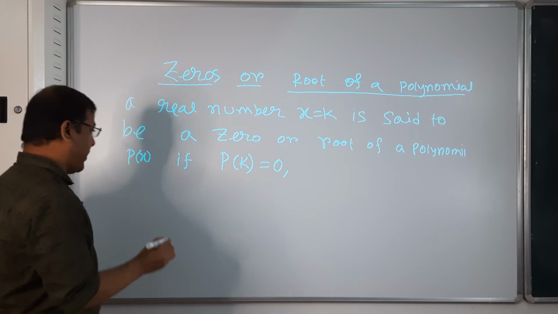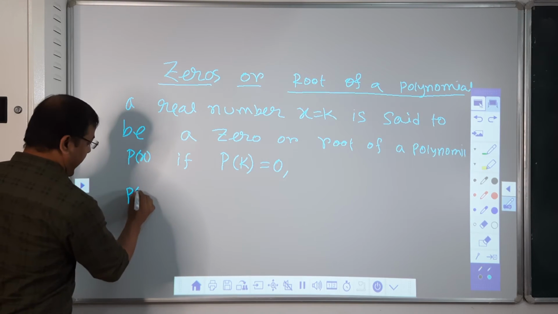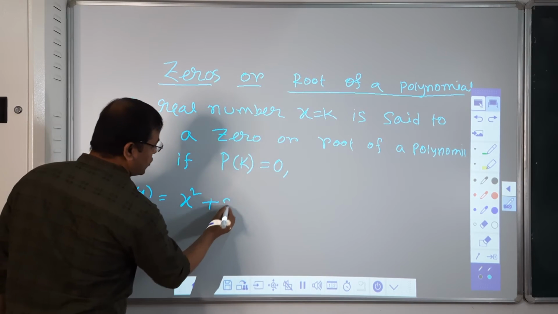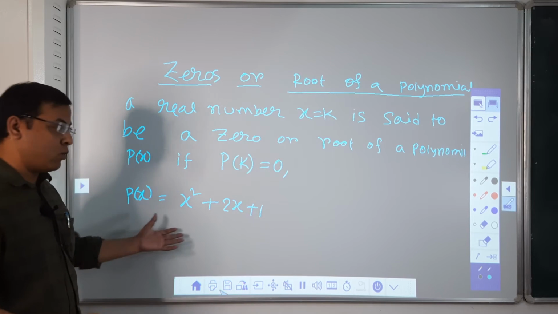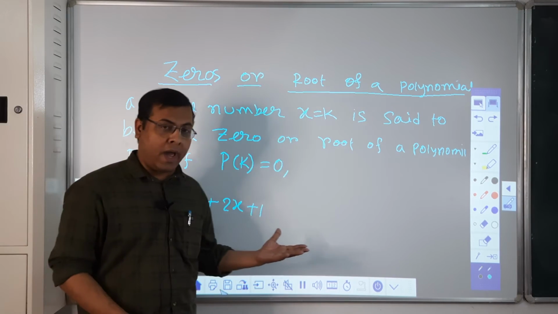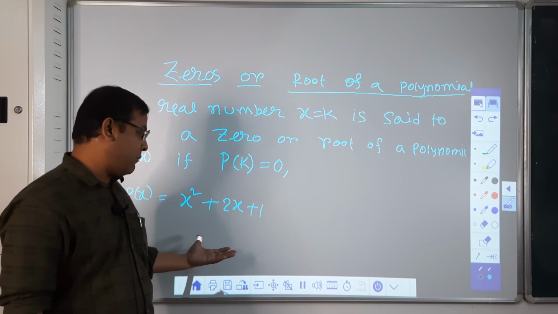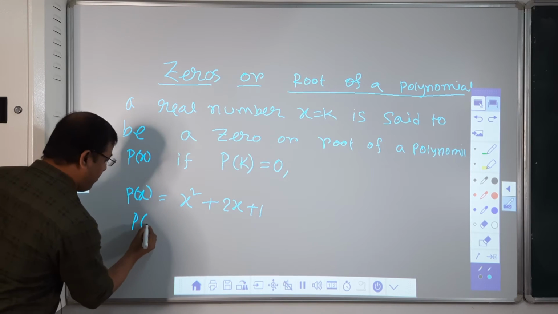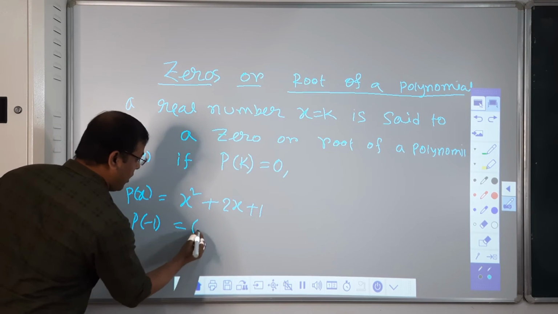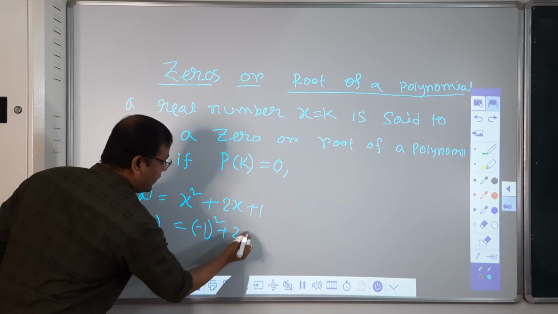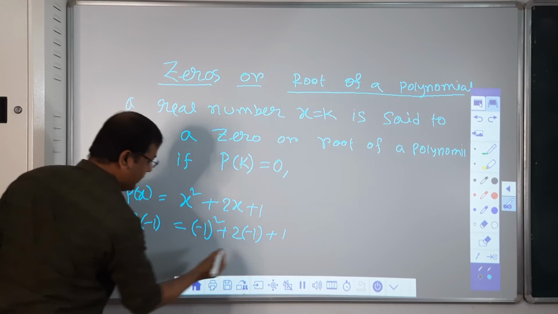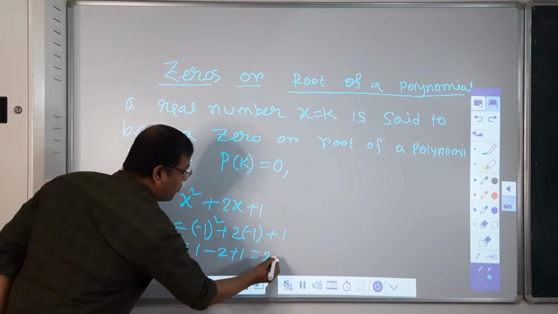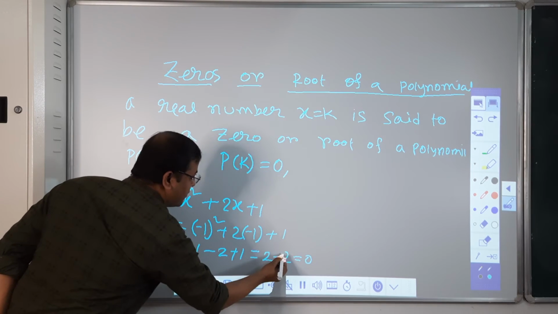As for example, if p(x) is the polynomial x square plus 2x plus 1. This is a quadratic polynomial. Then you have to find the zero or root of the polynomial. If you put x equal to minus 1, that means p(minus 1) is equal to minus 1 square plus 2 into minus 1 plus 1. That means 1 minus 2 plus 1, that means 2 minus 2, that is equal to 0.